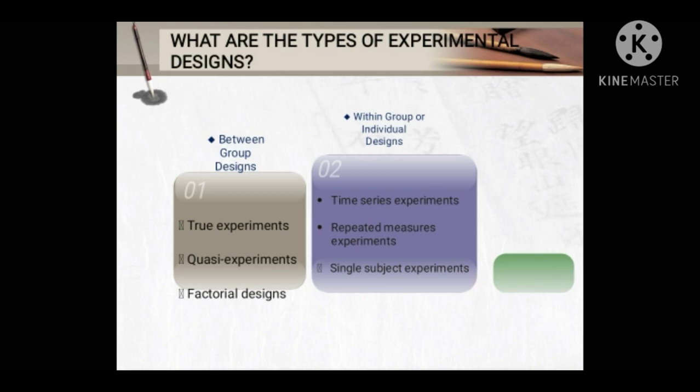The second is repeated measure experiments. Another experimental design that has the advantage of employing only a single group is a repeated measure design. In repeated measure design, all participants in a single group participate in all experimental treatments, with each individual becoming their own control.